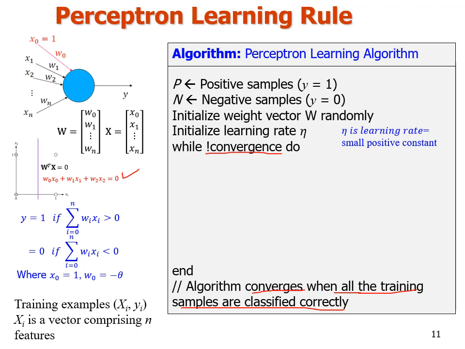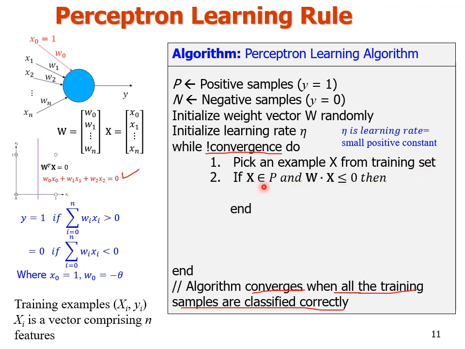The first step in the loop is to pick an example or instance X from the training data set. Now if the instance X is a positive sample and W dot X is less than or equal to 0. What is this W dot X? It is nothing but the weighted sum of wi xi. If this sum comes out to be 0 or less than 0, what does this mean?